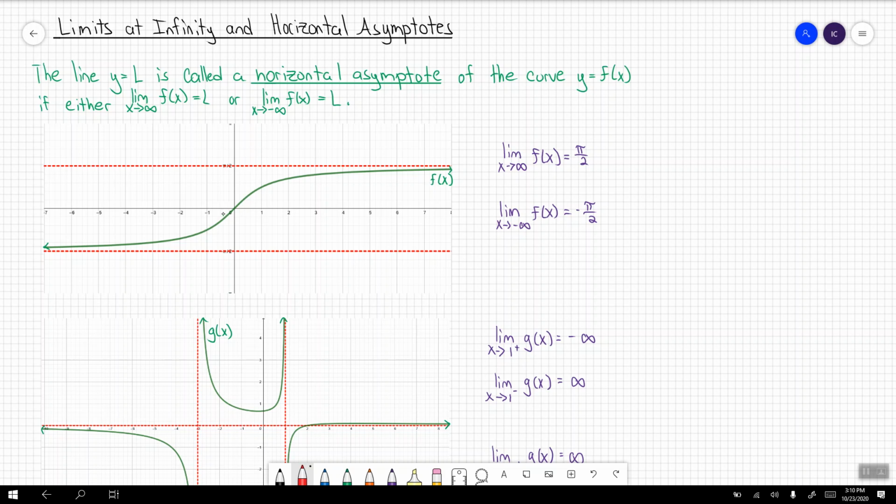As your x values get large in the negative direction, the values of the function again approach a horizontal asymptote, but this time negative pi halves. So this function has two different horizontal asymptotes, and they strictly depend on which x values we are approaching: positive infinity or negative infinity?